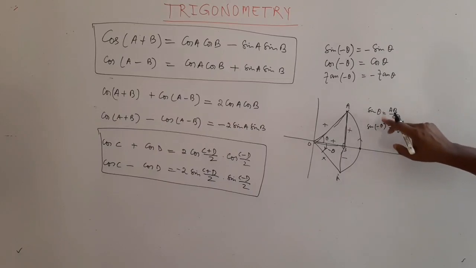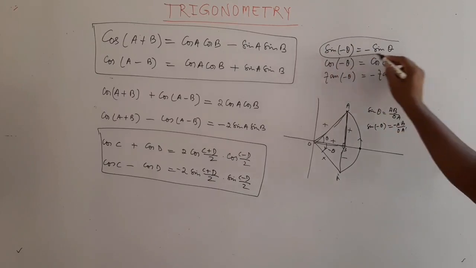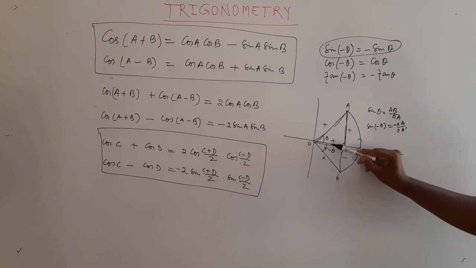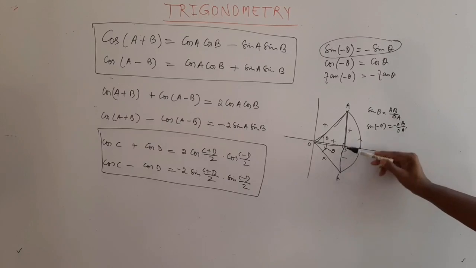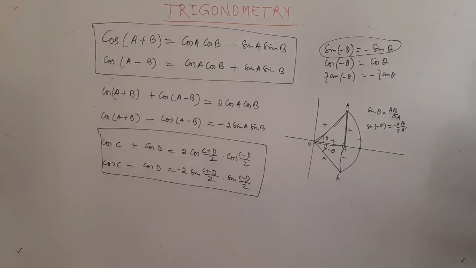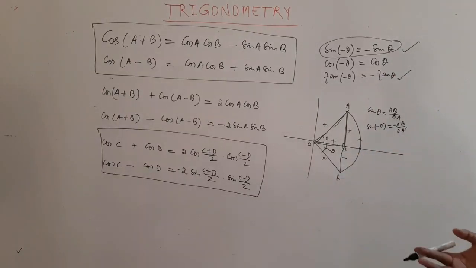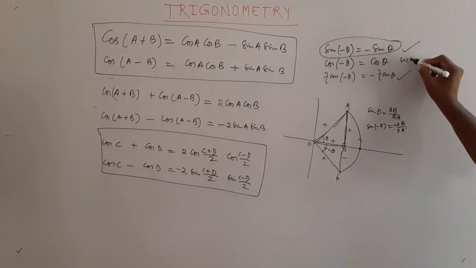That's why sine minus theta is negative of sine theta. So we got this relation. Similarly, cos: when you find cos, it's positive over positive, so it will remain positive. When you find tan, wherever the opposite side is involved, sine is opposite upon hypotenuse and tan is opposite upon adjacent, in these two cases the negative sign will be involved. And when it is adjacent and hypotenuse, cos, and its reciprocal, hypotenuse over adjacent, that is sec, both are positive.